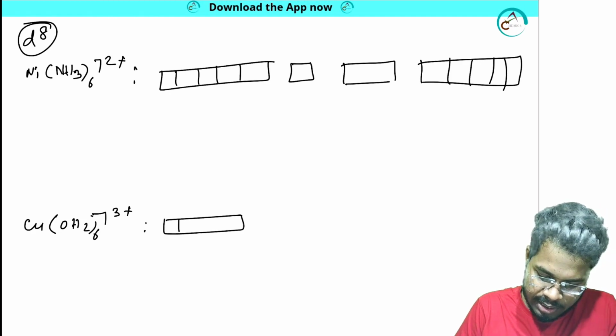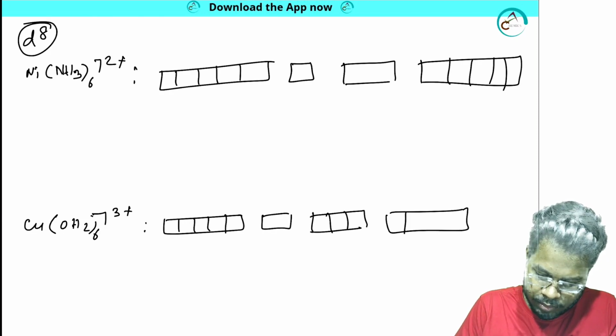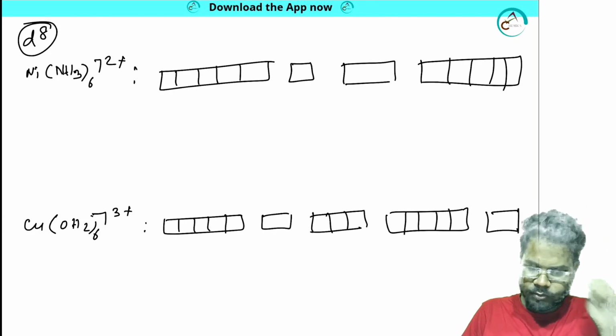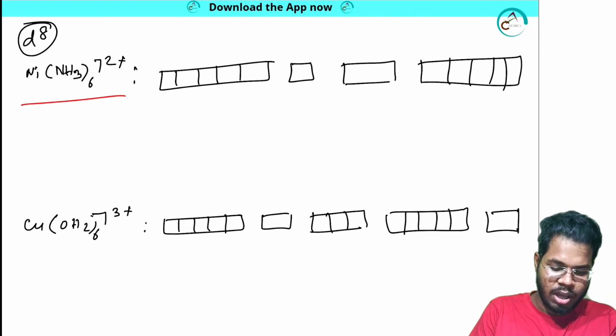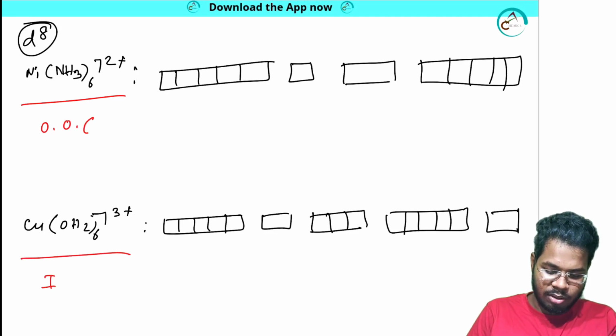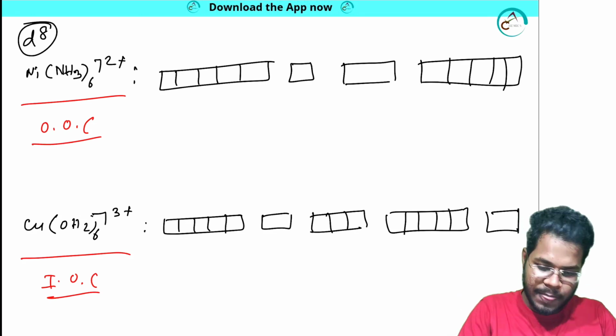Here also there can be the same possibility. The first one will show an outer orbital complex. The second one will show an inner orbital complex. That's how I am taking the example.